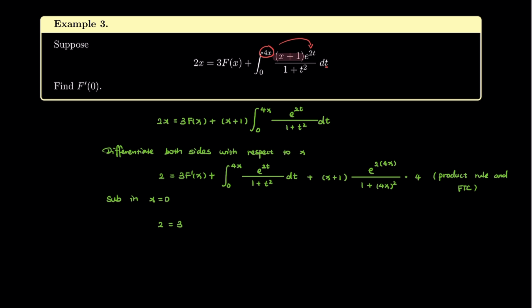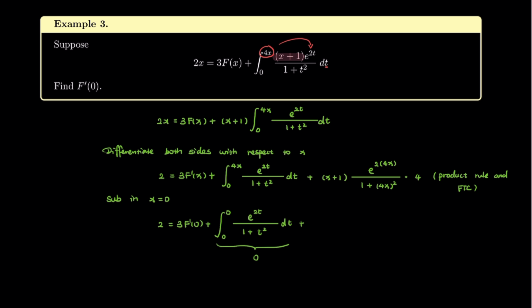That's going to be 2 equals 3F'(0) plus, even though this integral looks ugly, you can tell that it's from 0 to 0 once you plug in x equals 0. And we know that the integral from a to a is 0, so this whole ugly integral is going to be 0.